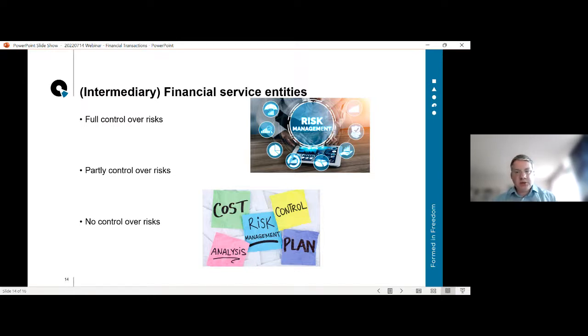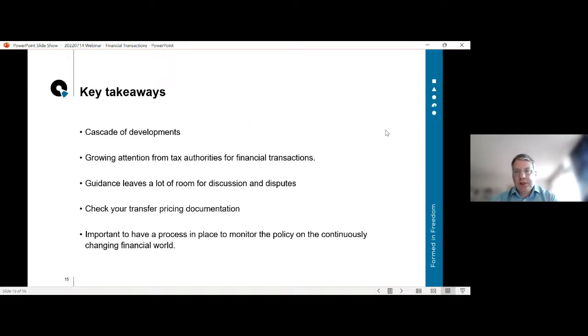So it may also be good to assess what other activities are still carried out, to see whether you would still qualify.